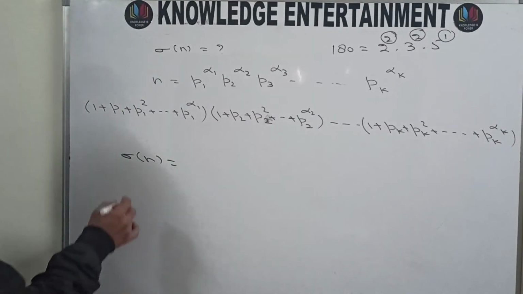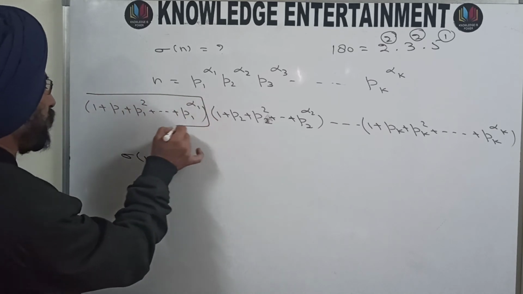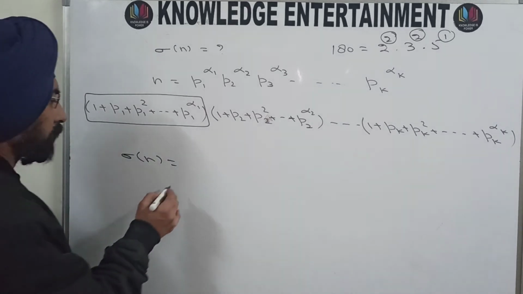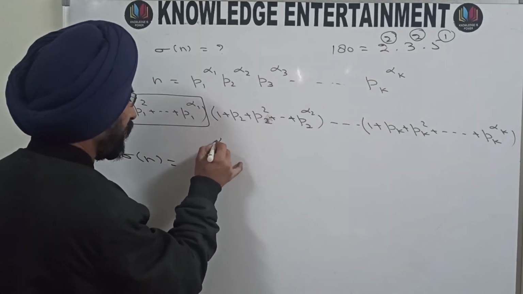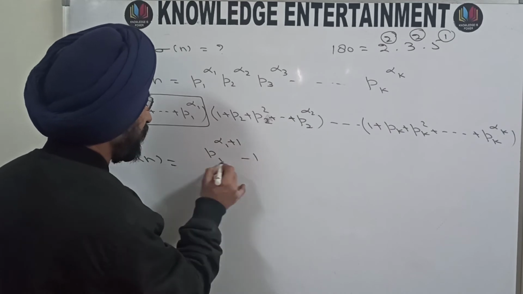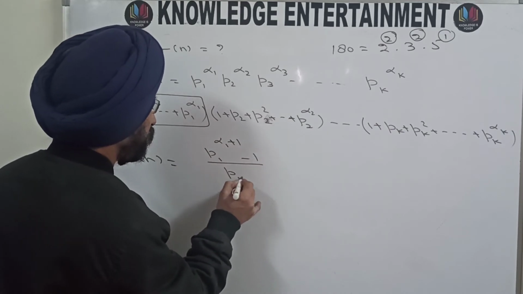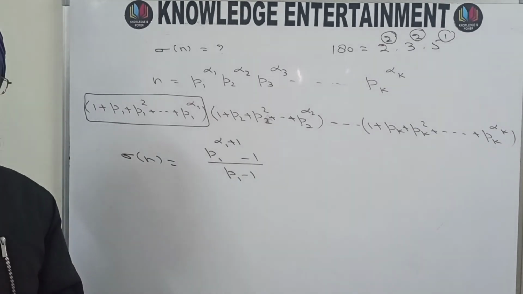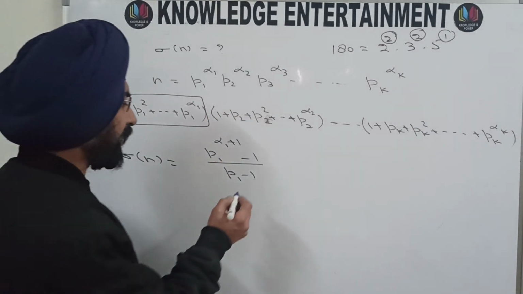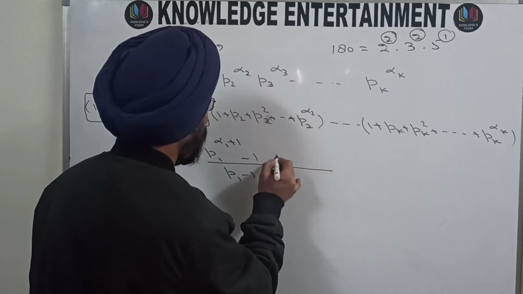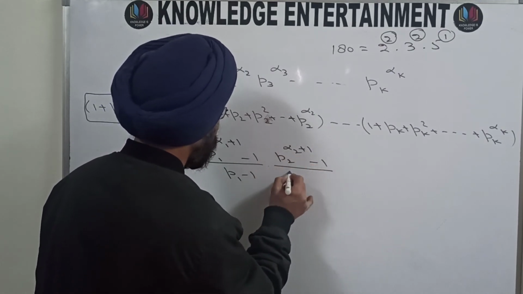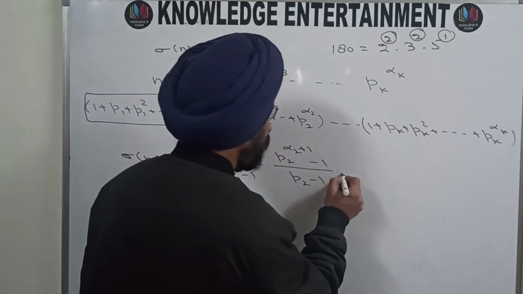In this product, the first bracket you can easily sum: it is (p1^(alpha1+1) minus 1) upon (p1 minus 1), by using the sum of a geometric progression, GP. Similarly, the second one is multiplied by (p2^(alpha2+1) minus 1) upon (p2 minus 1), and so on.